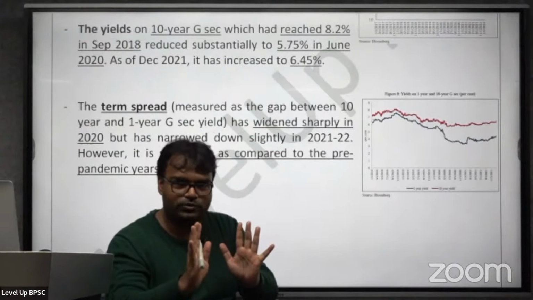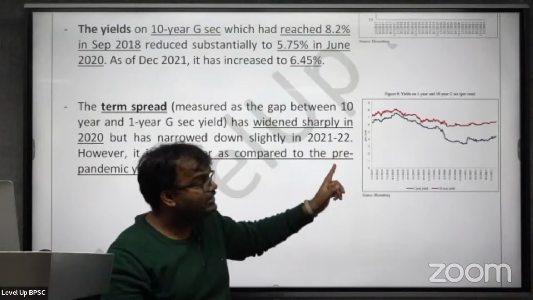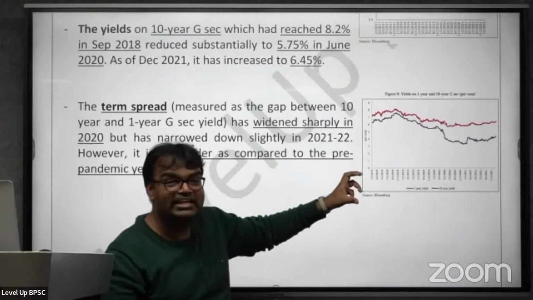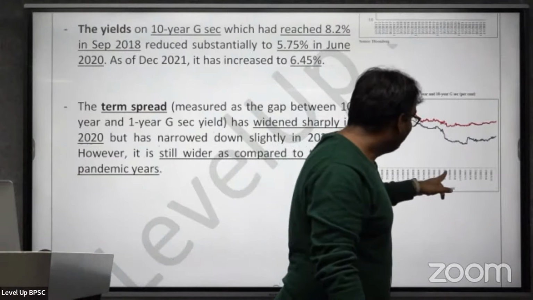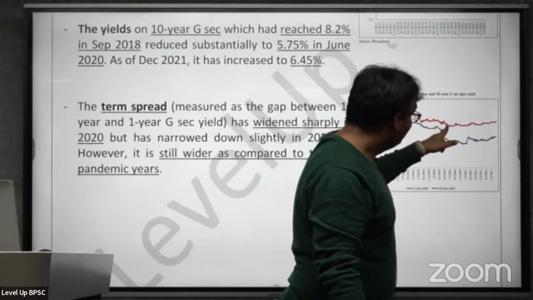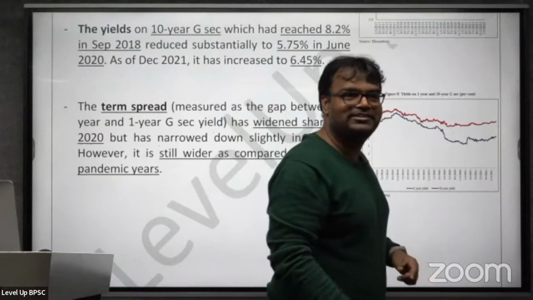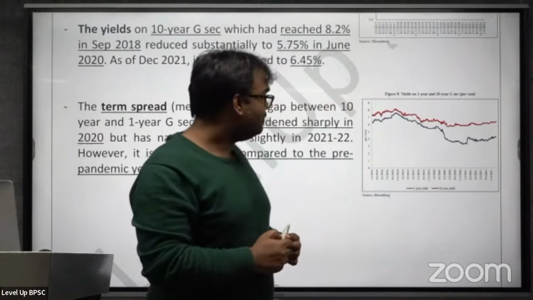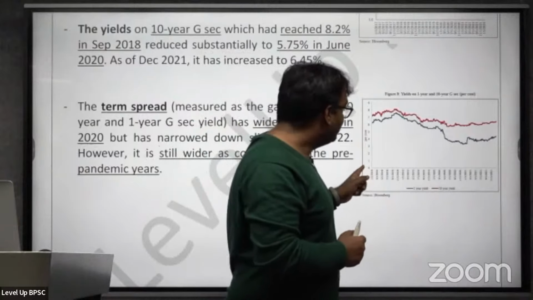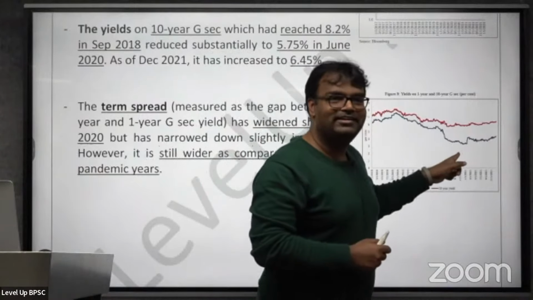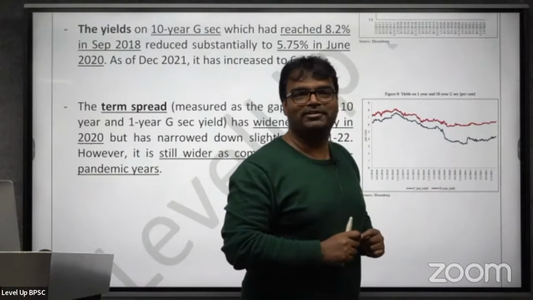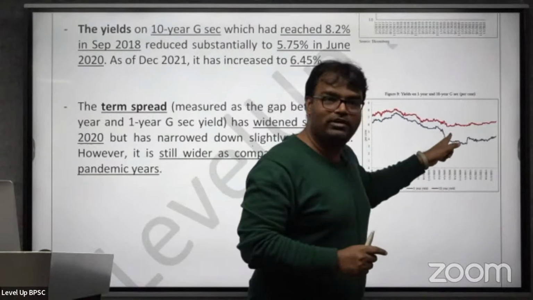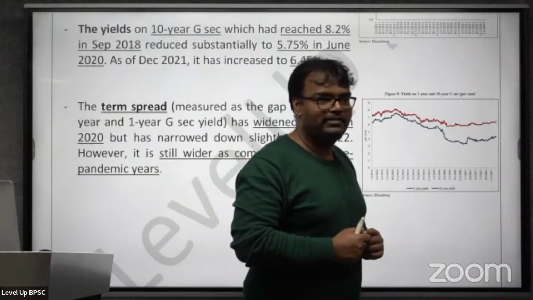What is a term spread? This is also understood. Now we'll understand why this spread has increased drastically. Come here. In March, April, May 2020, spread increased drastically. And this increase in spread has been more due to reduction in the yield of short term bonds. रिडक्शन ज्यादा हुआ है शॉर्ट टर्म वाले bonds के yield पे.